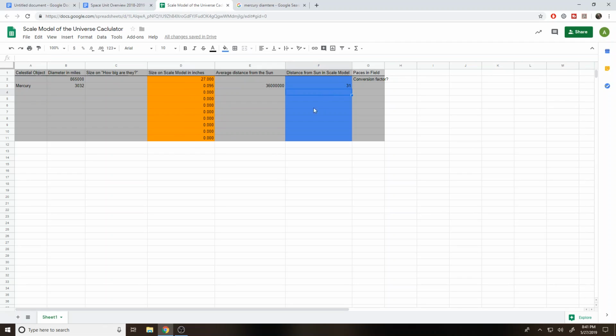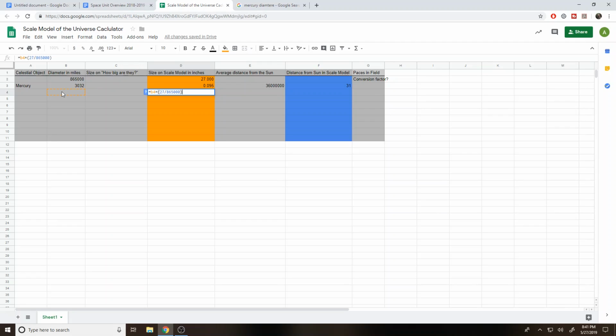So if you're curious how I did this, you're going to need to do this for the blue section anyway, so you should want to know how I set this up. Basically what I did was I hit the equal sign, and then I said that's going to be equal to, let's say, B4, and then I'm doing the asterisk symbol for multiplication, and then parentheses 27 divided by 865,000.